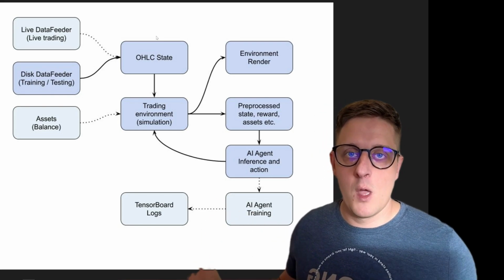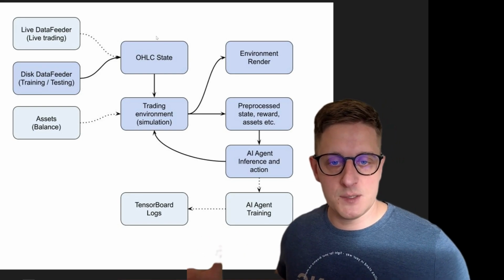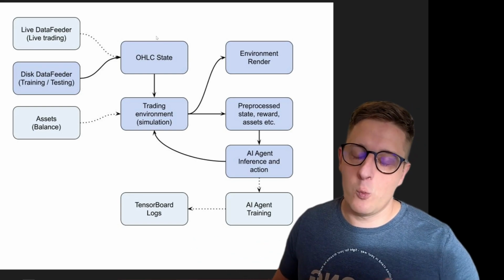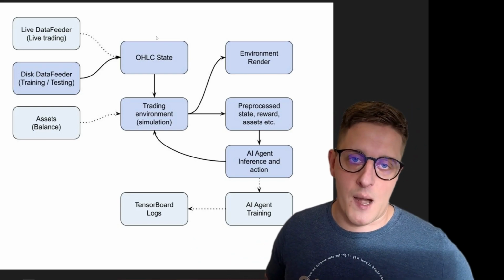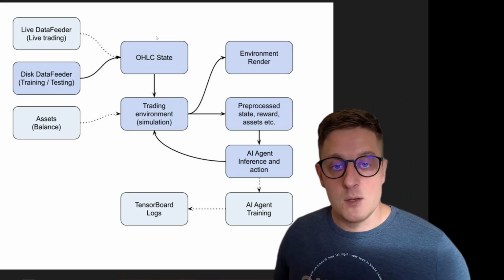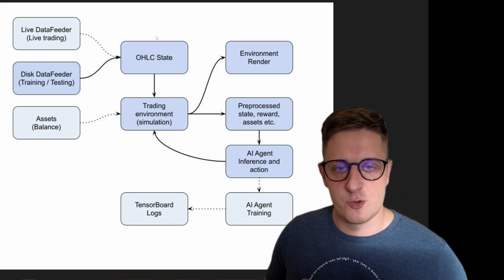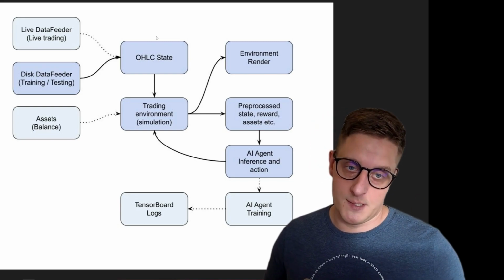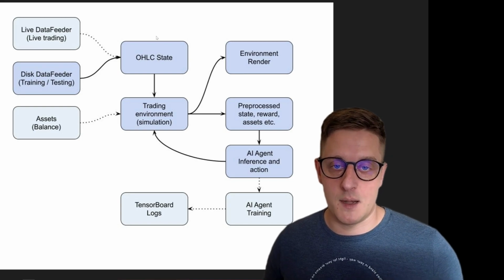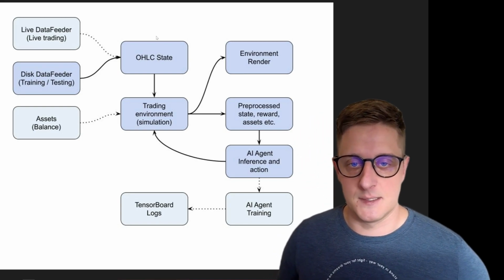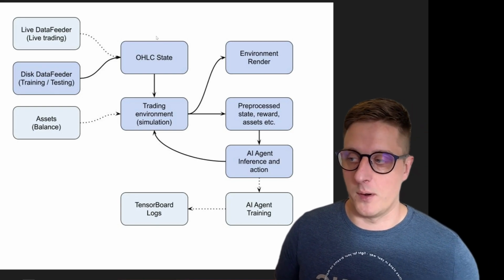For example, we take 100 time steps from history, and we use these 100 time steps to predict what the action or price will be at step 101. So that's the goal. Usually when we are making these trades, we would like to include indicators, but I'm not drawing them right now because that's not the goal here. I'm not yet sure at what step I should integrate these, so I leave this for the next tutorial.